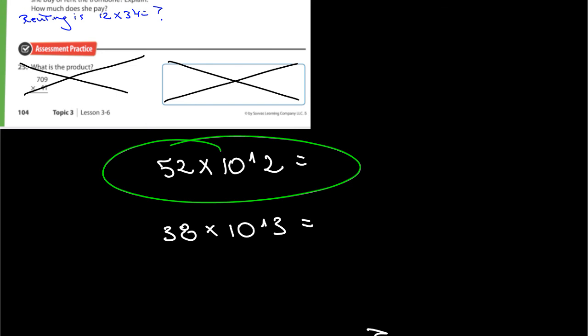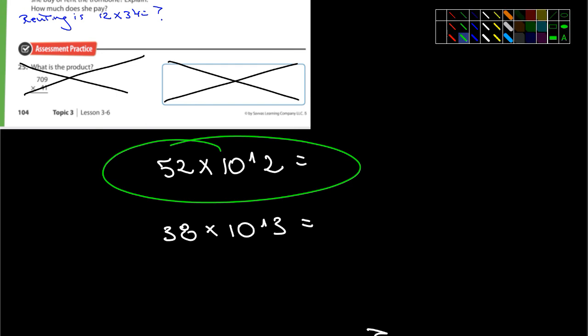Okay? So, for example, 52 times 10 squared, what would that be? Ms. Gunderson. Another way to look at it is 52 times 10 squared.